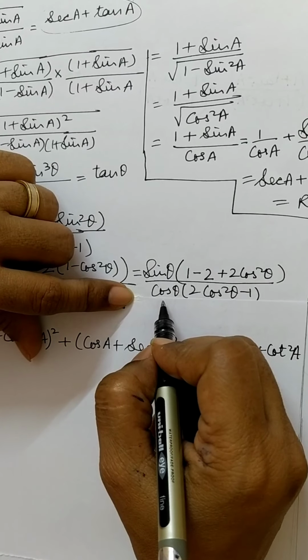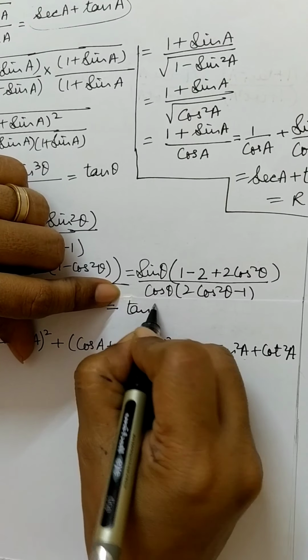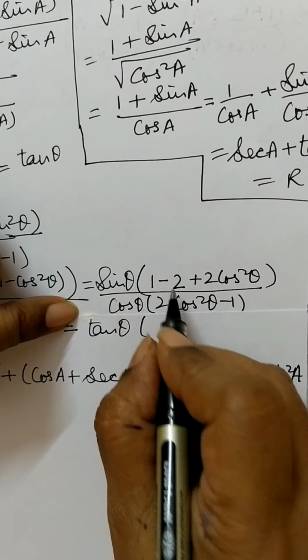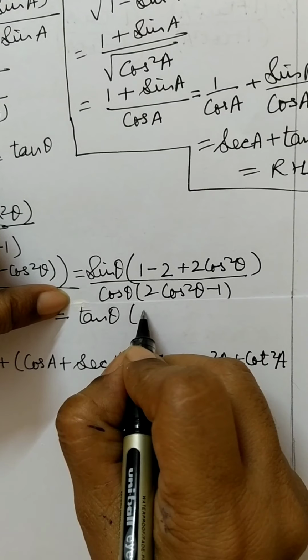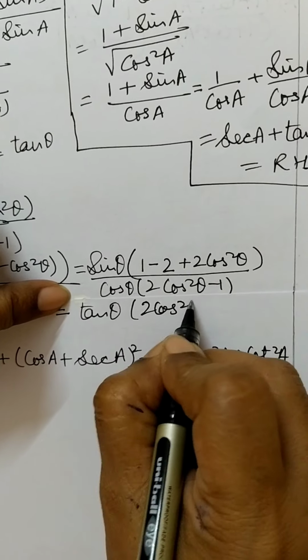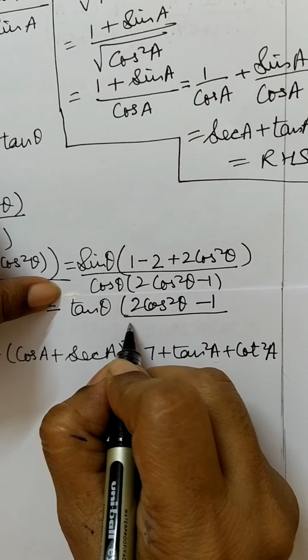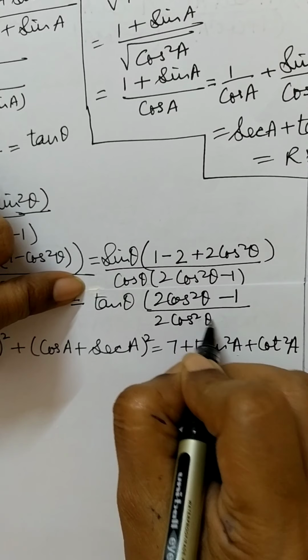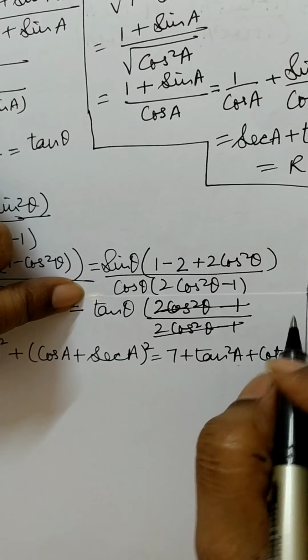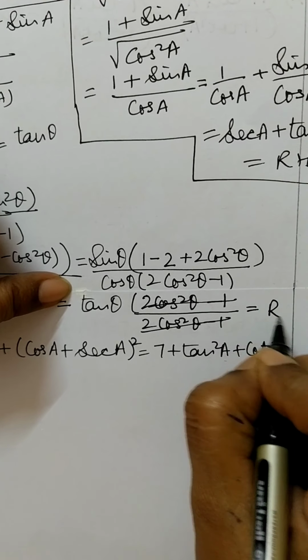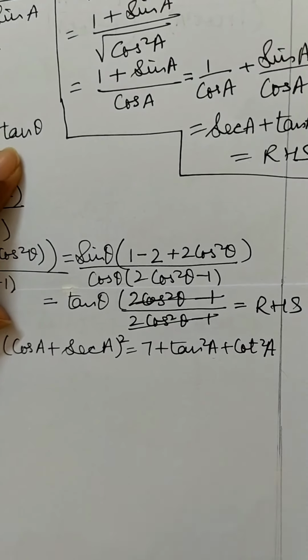Sin theta upon cos theta is tan theta, and in the bracket in the numerator, 1 minus 2 is minus 1 plus 2 cos square theta. So 2 cos square theta minus 1, and what was the denominator? That was also 2 cos square theta minus 1. So they are cancelled and we are left with tan theta only, which is RHS. You can see.